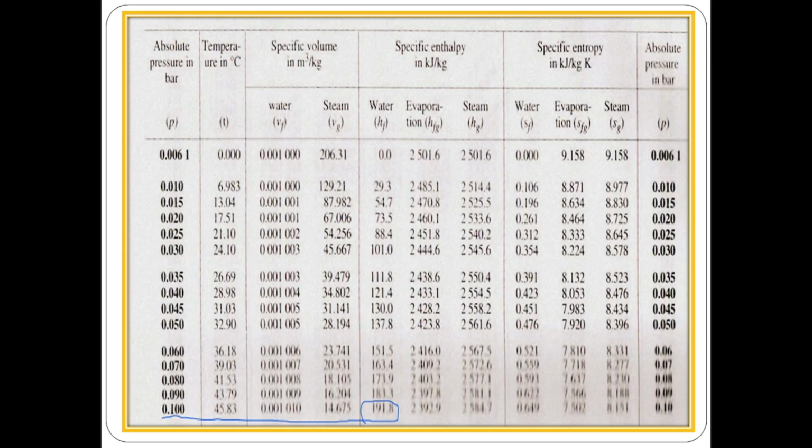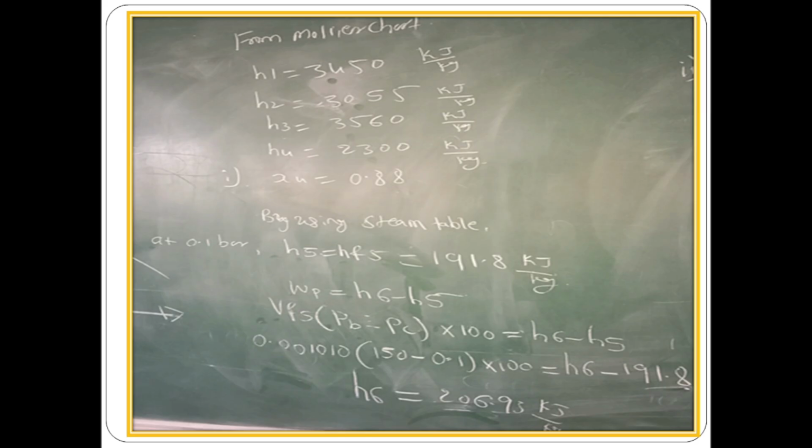Refer to the steam table at 0.1 bar. We have HF, HFG, HG. H5 belongs to the liquid, so that is HF only. H5 is equal to 191.8 kilojoule per kg.